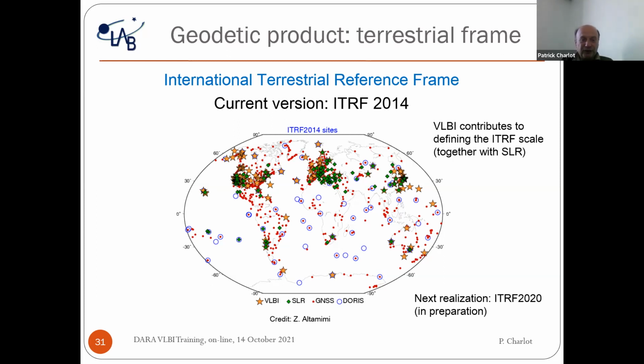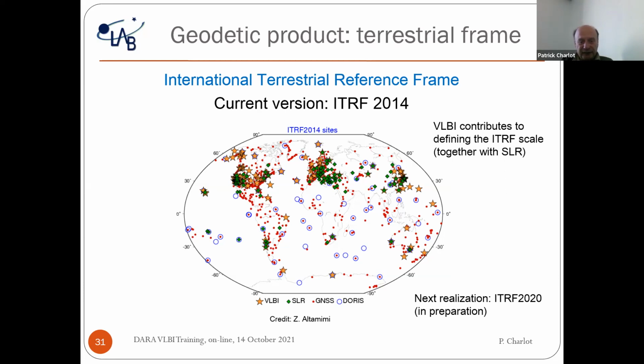And the current standard is what we call the ITRF, International Terrestrial Reference Frame. The current version is ITRF 2014, which means that this was done around that time. So it is already somewhat old, but a new one is in preparation and it will be available soon.